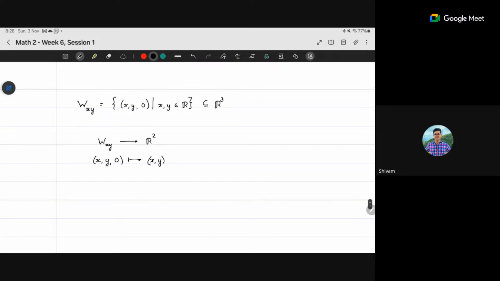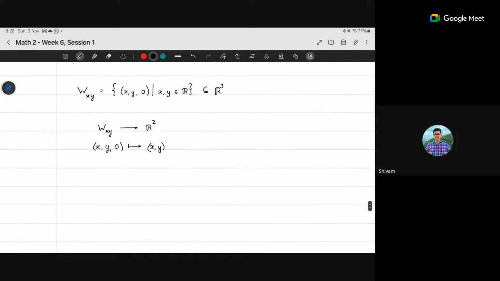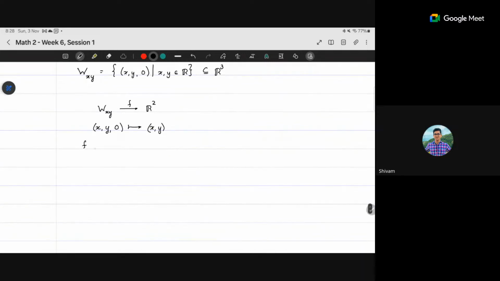Is this a 1-1 map? Is this a linear map? Is this an onto map? There are three questions, right? Let me call this guy F. You can check that F is 1-1, F is onto, and F is a linear transformation.